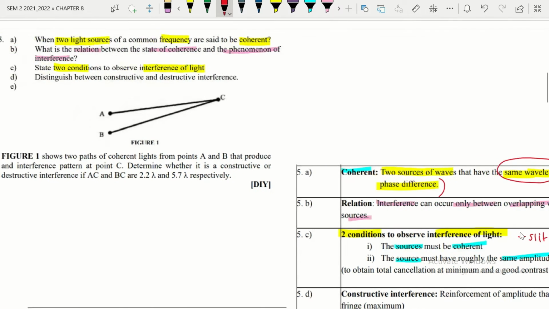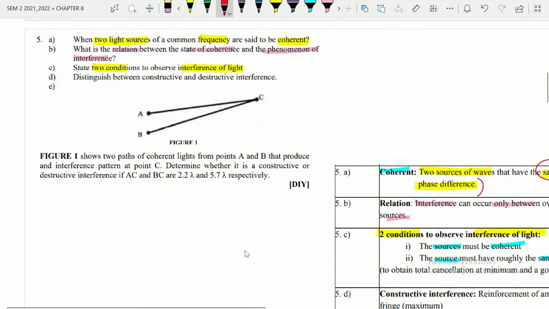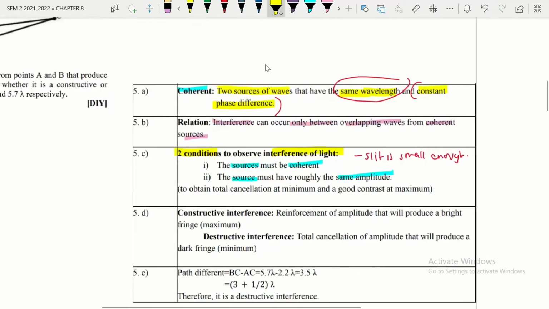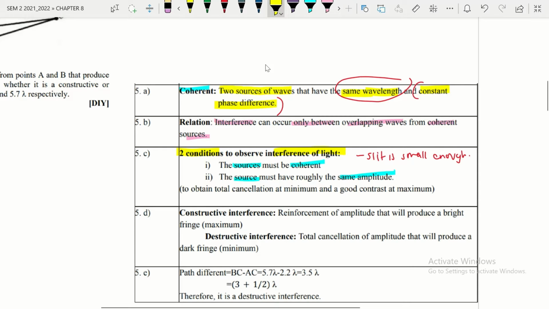Alright, the next question asks us to distinguish between constructive and destructive interference. You can obtain the answer from your handout as well. Constructive interference is reinforcement of amplitude that will produce a bright fringe.